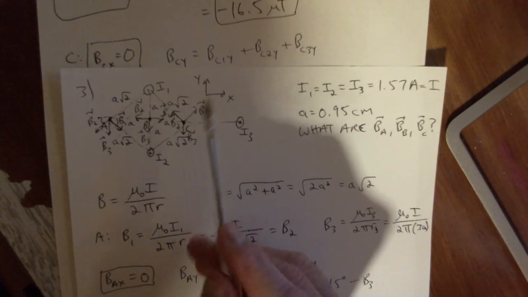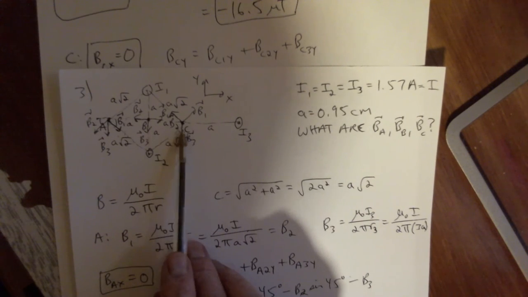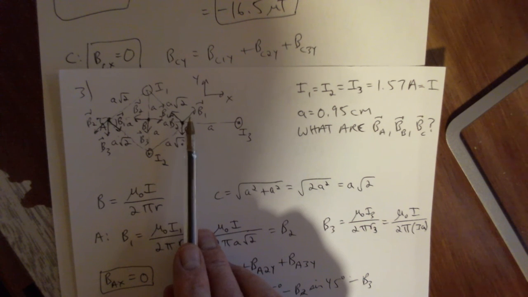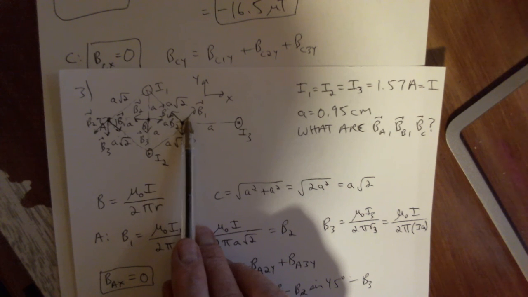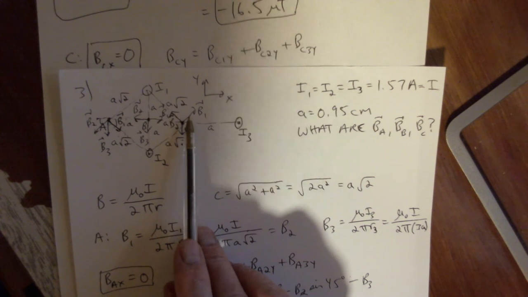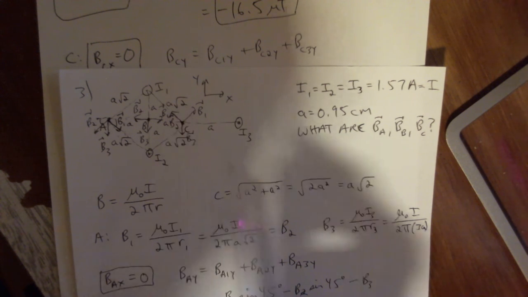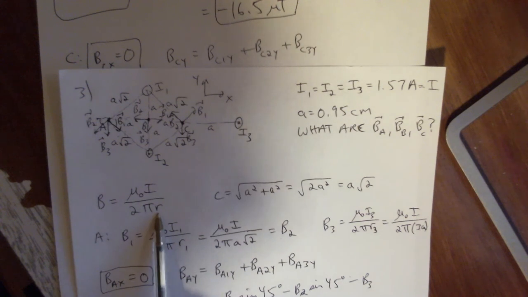The reason is the y components here have a factor of 1 over root 2 due to the sine, and, let me be careful, yes, 1 over root 2 due to the trig function, and 1 over root 2 due to the 1 over r in mu sub naught over 2 pi r.